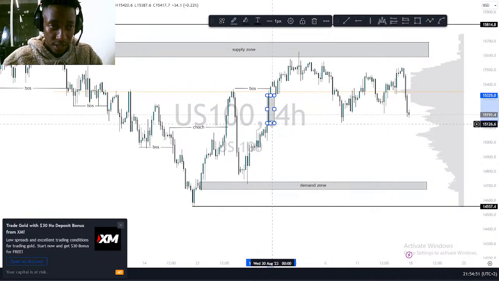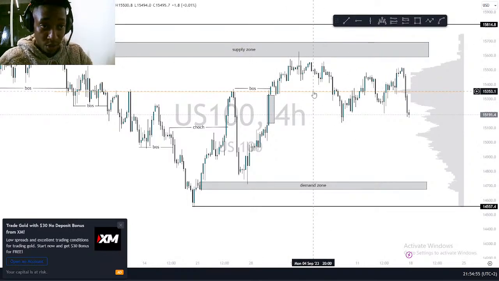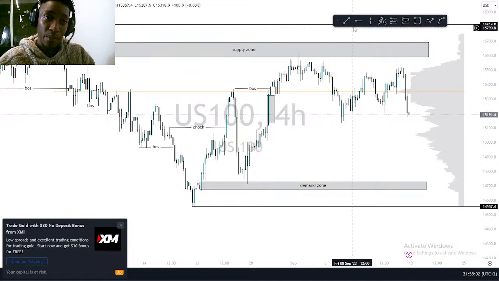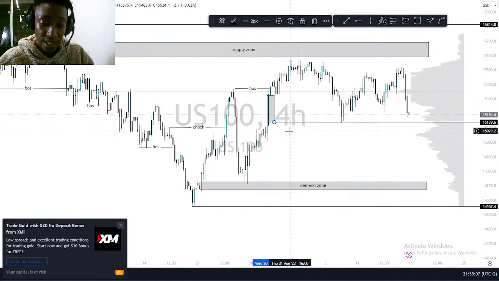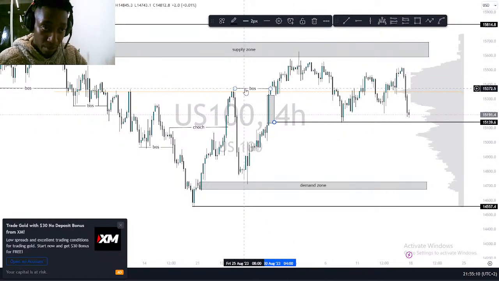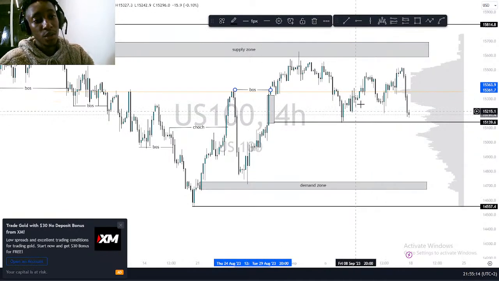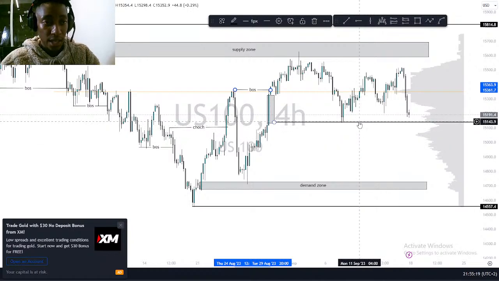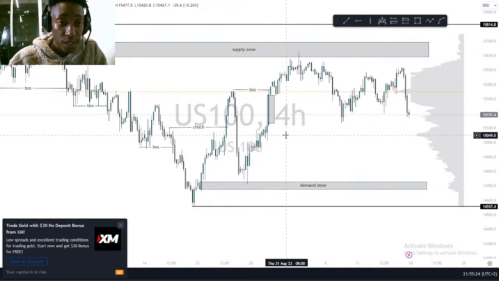The market went down, it took out that entire gap, and after taking out that entire gap, that's where it started pushing to the upside in a consolidation phase. So let us see what's causing the market to push down now.